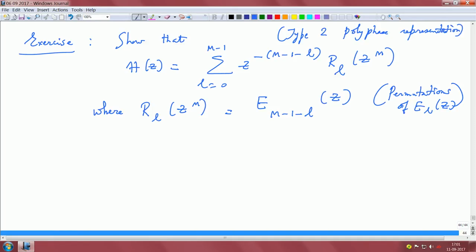And I remark that we need both of these two representations when we discuss how we want to bring in efficient architecture. Sometimes you want the type 1 representation, sometimes you may want type 2 representation to simplify your architecture.